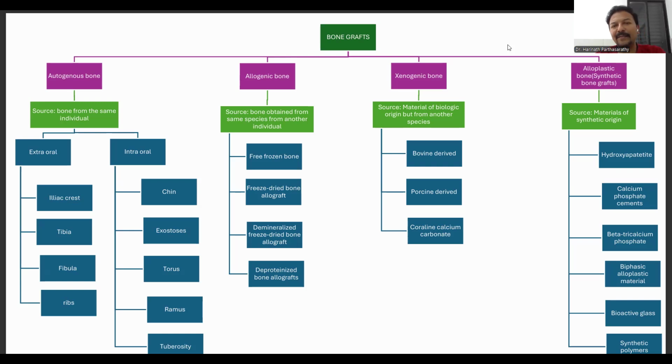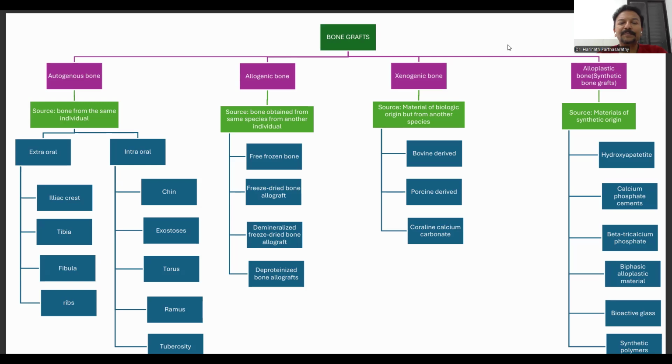And we have so many other sources like allografts, xenografts from animal sources, and from another person of the same species. We have some synthetic bone grafts also available. So with this short introduction, I'll go into the actual classification of bone grafts.